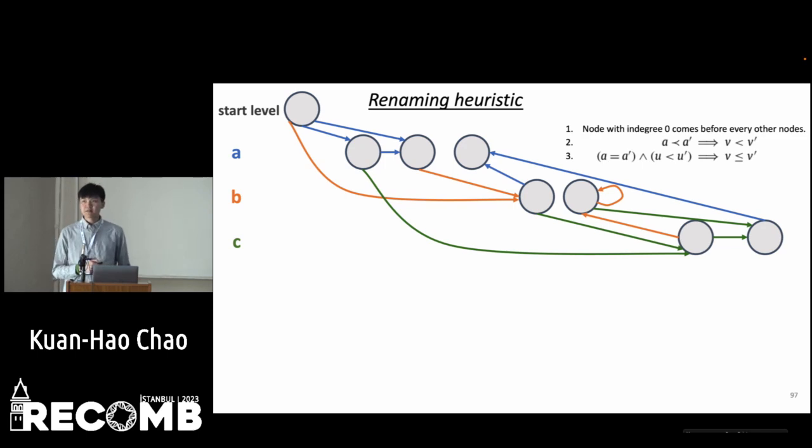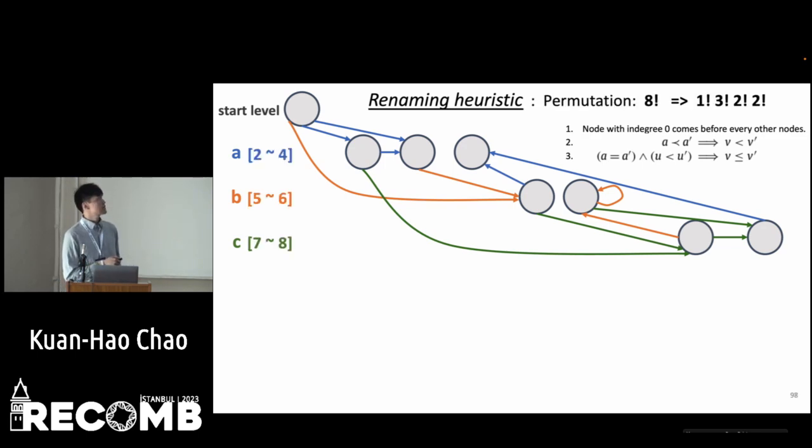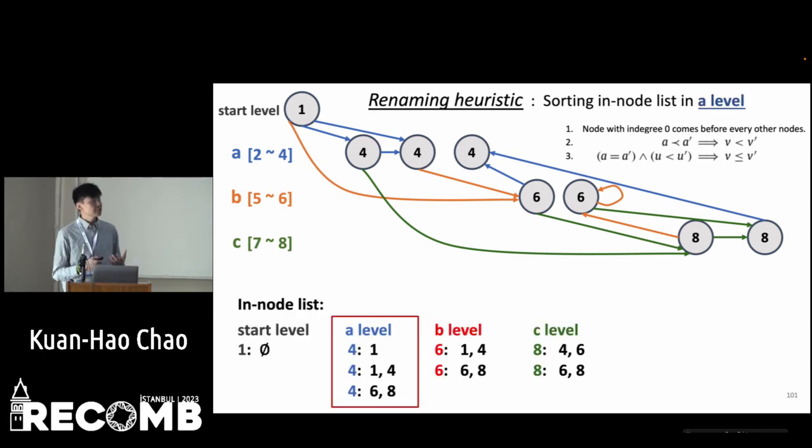In the A level, the range of nodes is from 2 to 4, and B level is from 5 to 6, and so on. So the first step is to label with the maximum possible value. For the A group, we just label all nodes with 4, and here these 2 nodes are labeled 6 and 8. So we start the in-node list sorting.